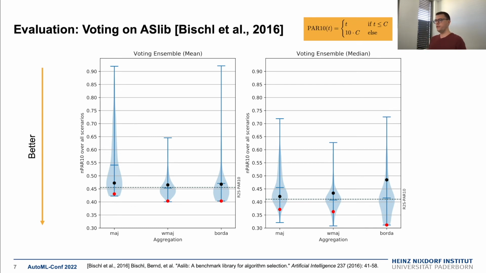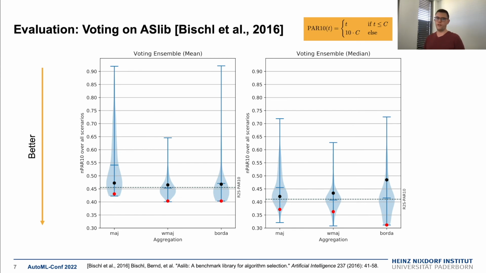And as we can see here, directly optimizing this composition on the validation dataset does not work really well on the test set then. However, if we just take all of the selectors anyway, i.e. the red dots, we usually get quite a good performance. And once again, we beat the strong baseline run to survive par10 in all of the cases, independent of the different aggregation function that we use at the bottom.